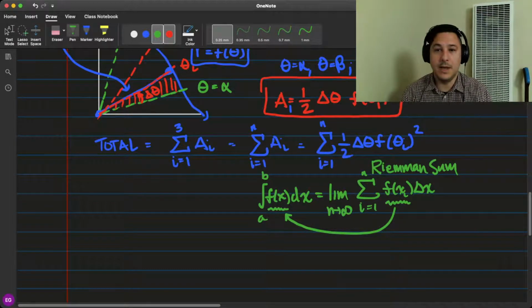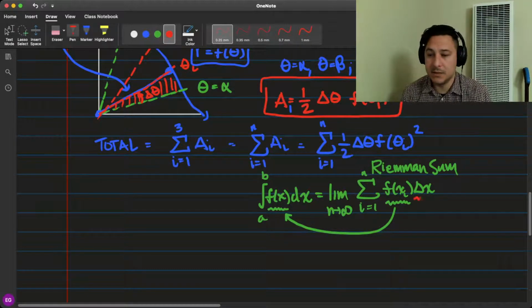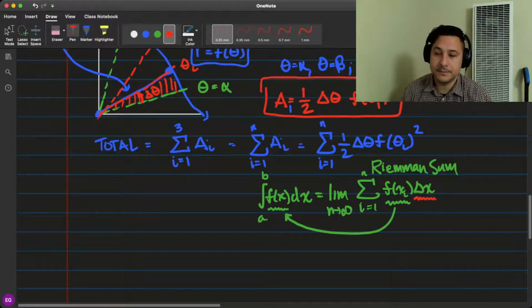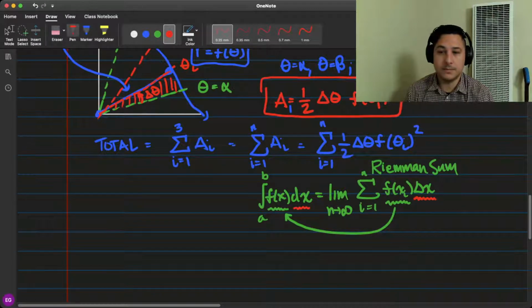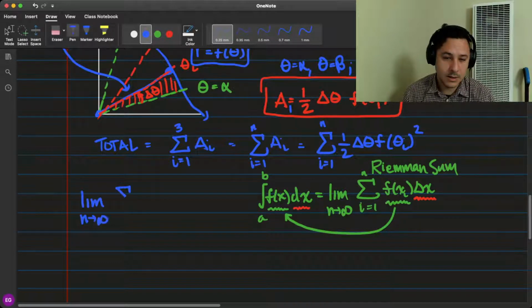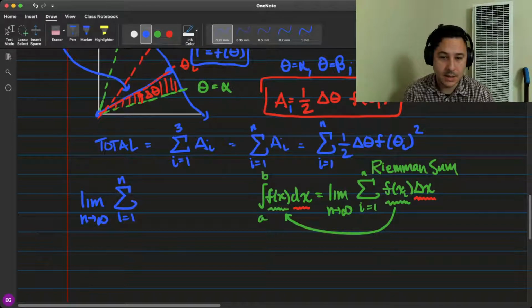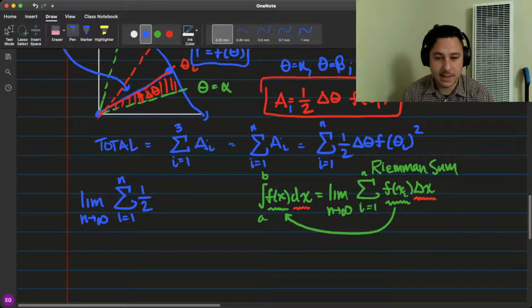What does our delta x turn into over in the definite integral? Yeah, cool. So when we take the limit of sigma i equals 1 to n of 1/2, and I'm going to write this in a slightly different order, f of theta_i squared delta theta, I'm going to get an integral.